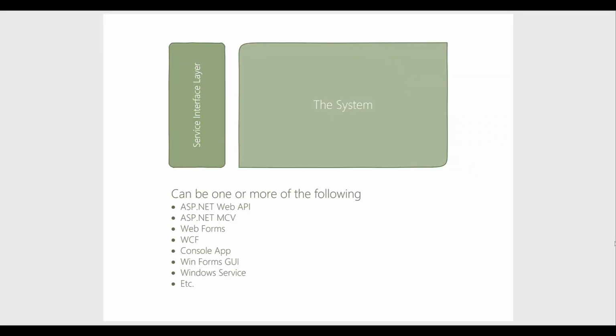So when you build a system, you want to build it in such a way that it's agnostic of how it is going to be used, in what context, in what environment. For example, I mentioned that the service interface layer could be an ASP.NET Web API application.